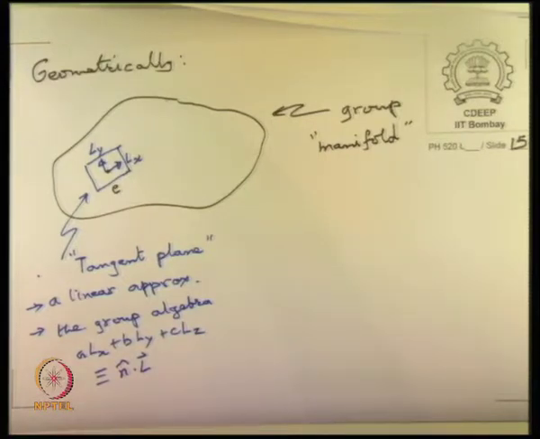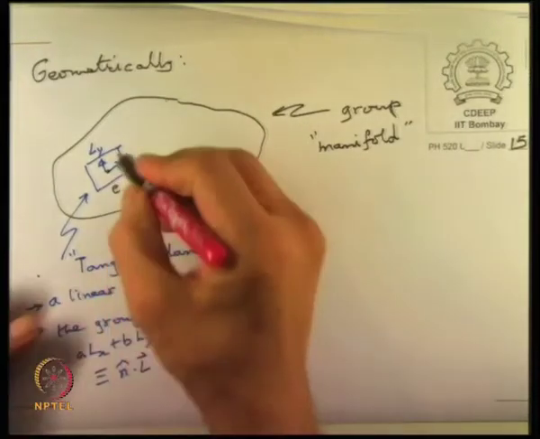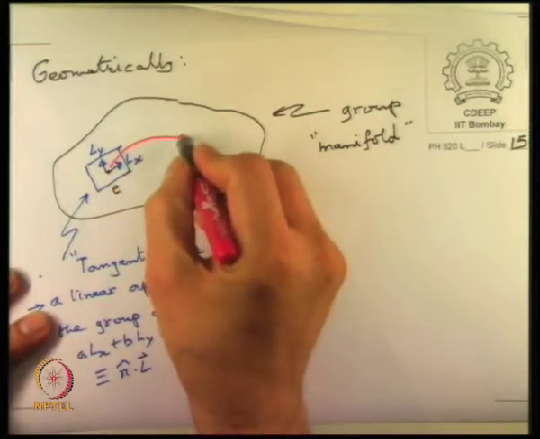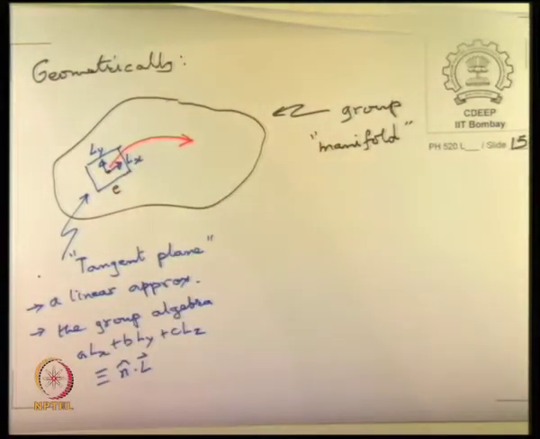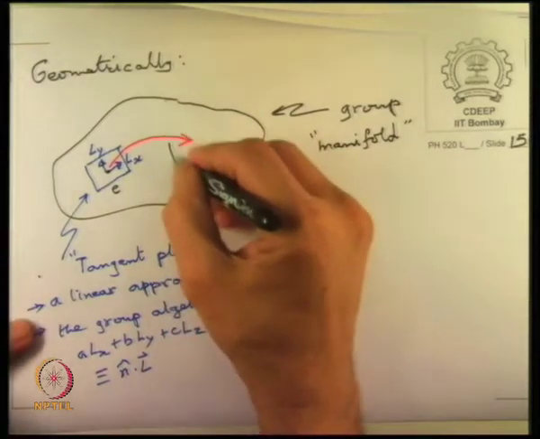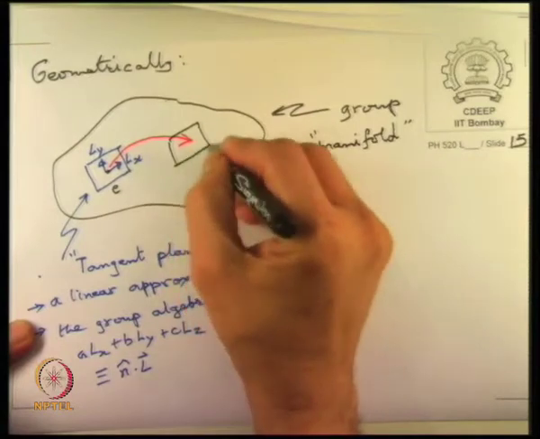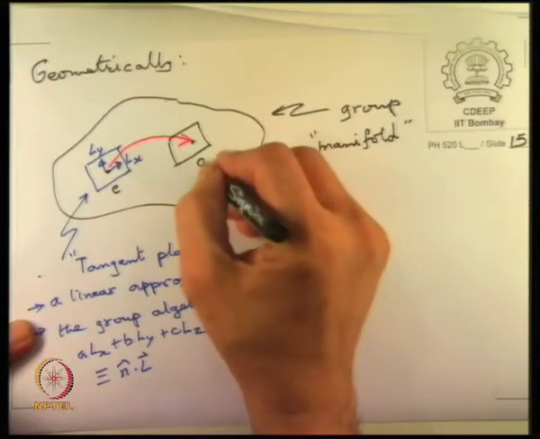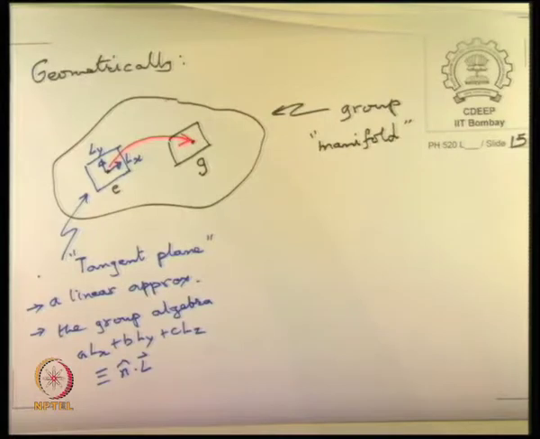Okay. And what our theorems are telling us is that I can map it to any other place I like. In the neighborhood of G, and the group structure essentially remains the same.